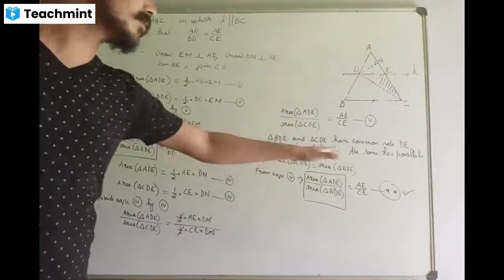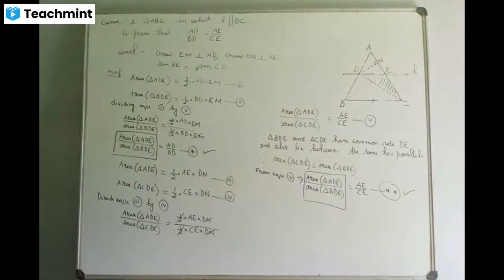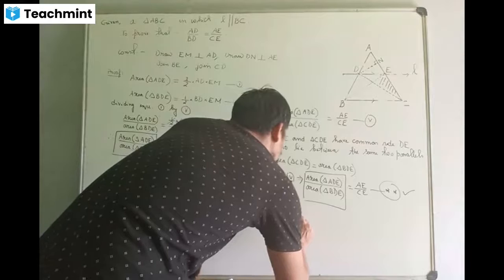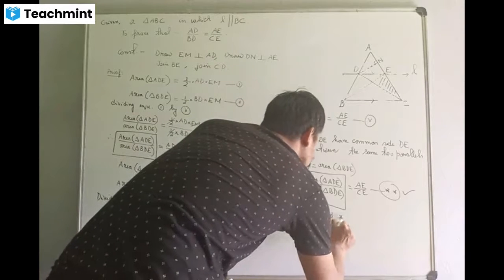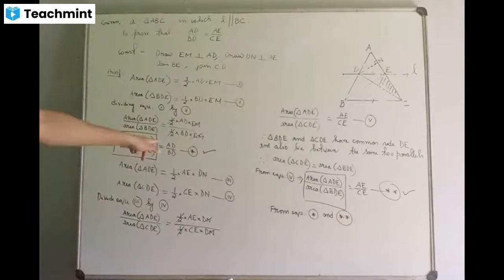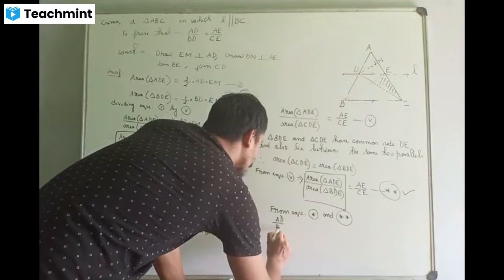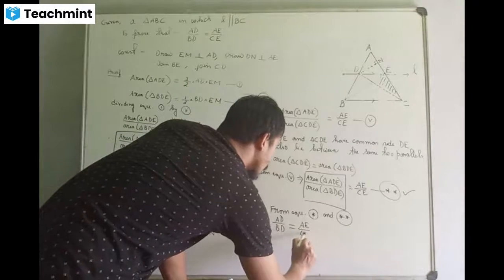Whenever you compare two equations, if their left hand sides are equal, then definitely their right hand sides are also equal. So from equation star and double star, the right hand side AD upon BD will be equal to the right hand side AE upon CE.